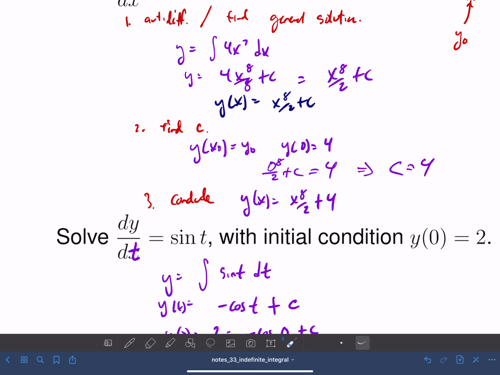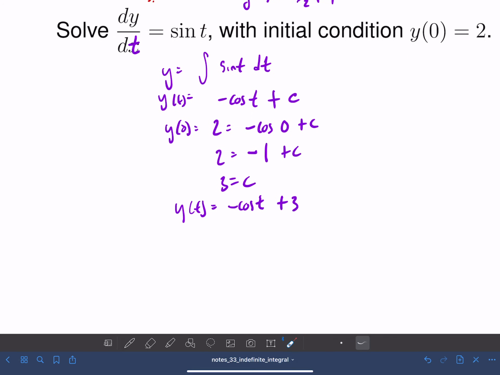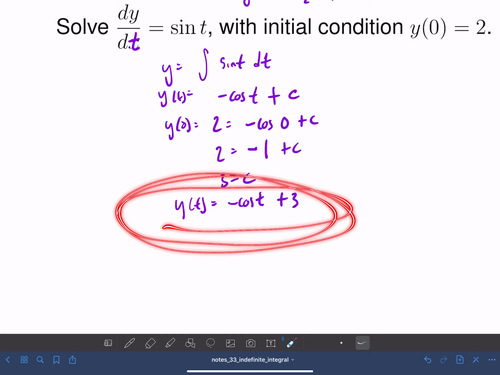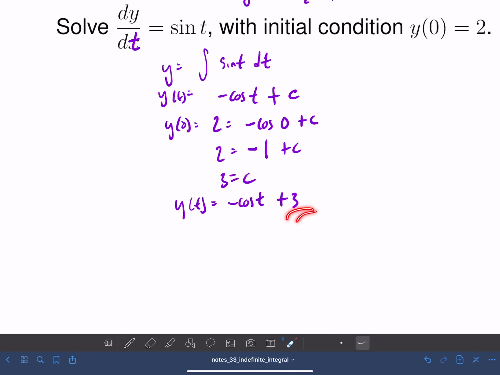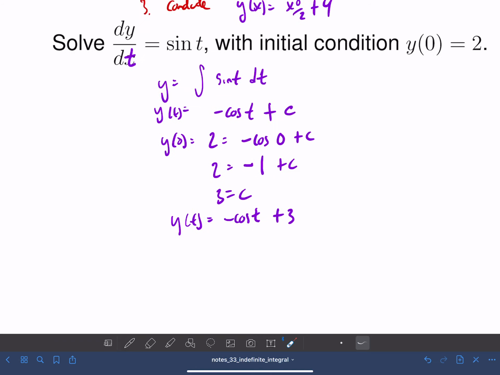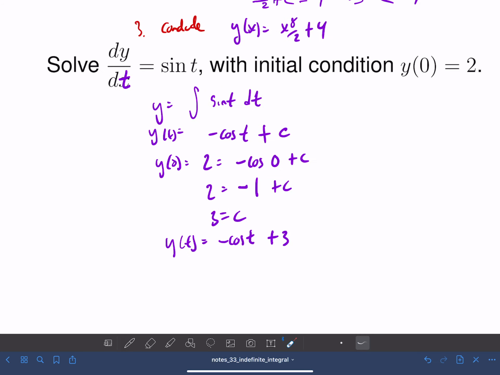Keep going, sorry. I want to get to this point right here: no constant of integration left. I have the actual value, the particular value. That's why it's called the particular solution. So labeling things, that right there is the general solution, and this right here is the particular.